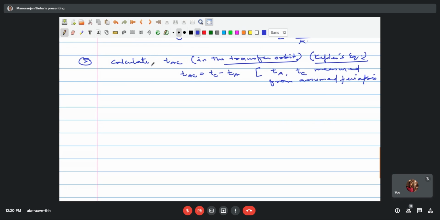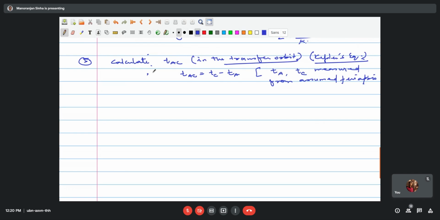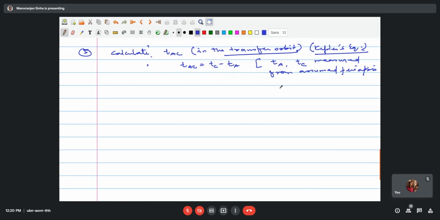Okay, calculate TAC. Calculate TAC in the transfer orbit using Kepler's equation.